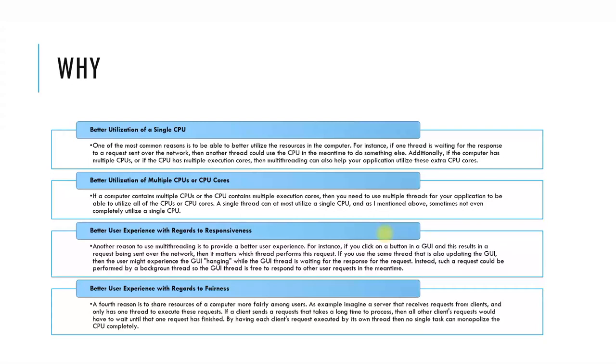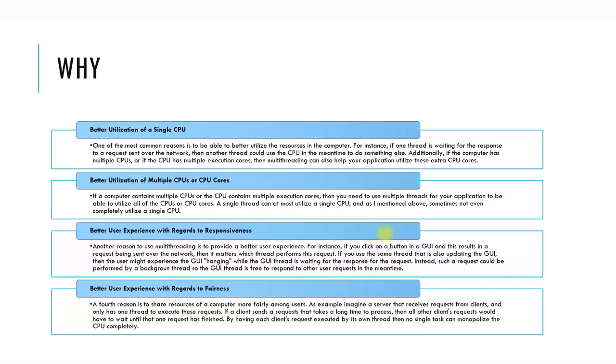For example, if one thread is waiting for a response to a request sent over the network, then another thread could use the CPU in the meantime to do something else. The second reason is to better utilize multiple CPUs and/or CPU cores.